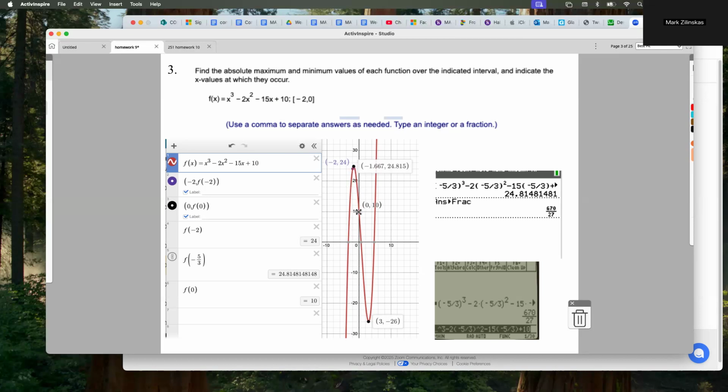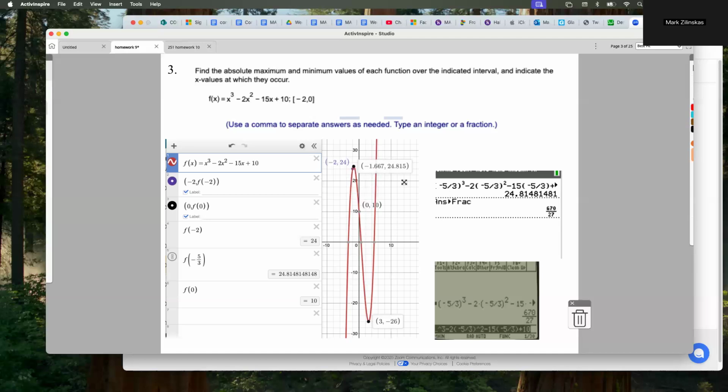The absolute minimum value is 10. And the absolute maximum value is at this black point here, where the purple coordinates go along with that purple point. We can see it's below that, but about 24.85. And this is where it occurs.